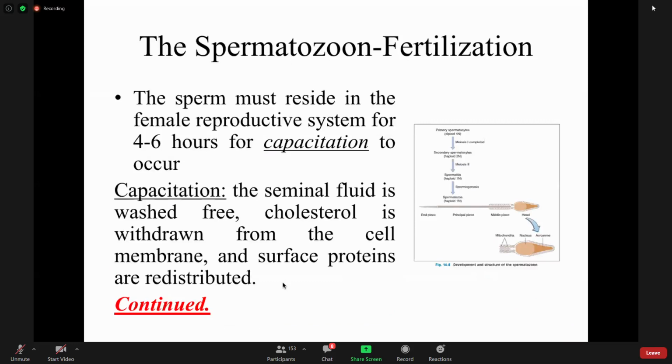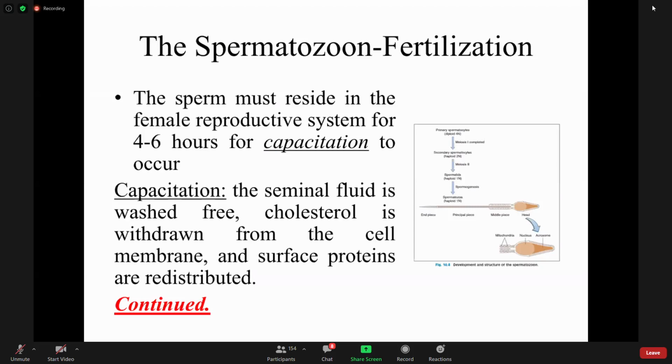As the sperm is being deposited in the female reproductive tract, it goes into a period of capacitation, and this may last for 4 to 6 hours. Capacitation is a period which is characterized by the retraction of cholesterol and the seminal fluid is washed free.